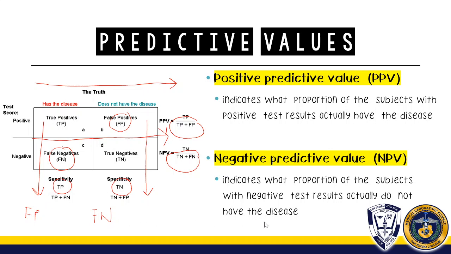So the positive predictive value is the true positives divided by the total number of positive tests, while your negative predictive value is the true negatives divided by the total number of those who had a negative result. Okay?